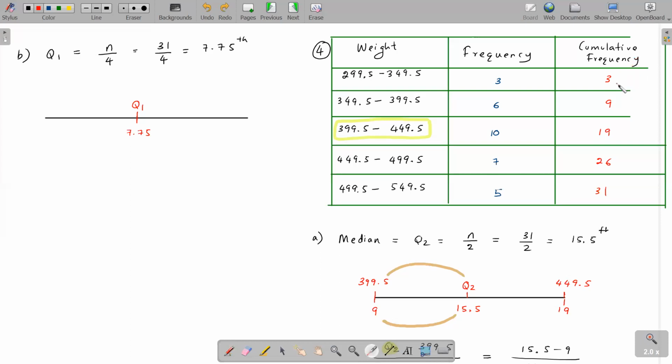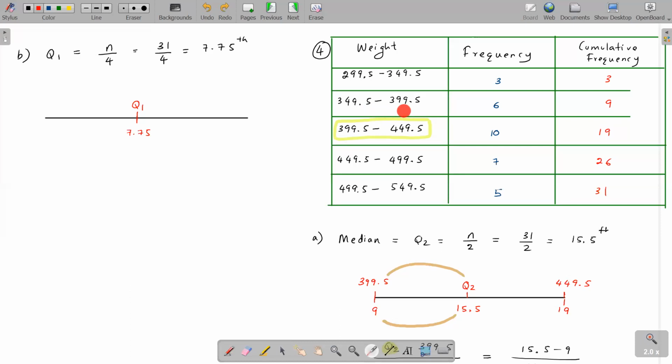So go to the cumulative frequency and what do you see here? The first one is 3. Does it cover until 7.75? No. Next one, it's 9. So you can see 9 passes 7.75, which means your Q1 value falls within the range 349.5 to 399.5.